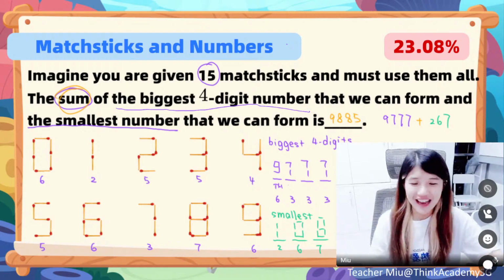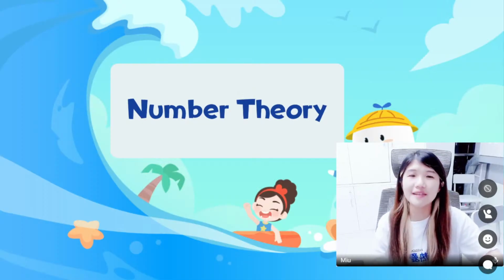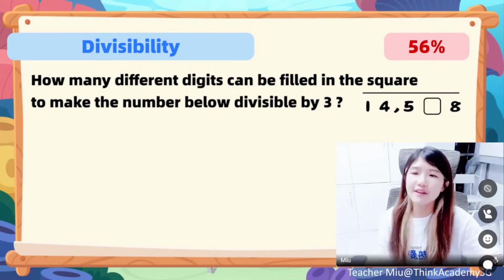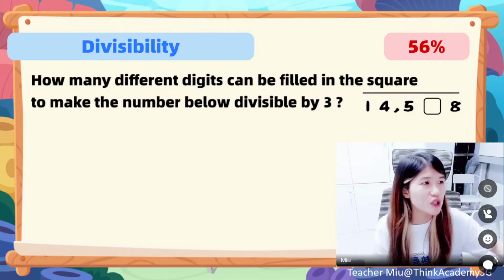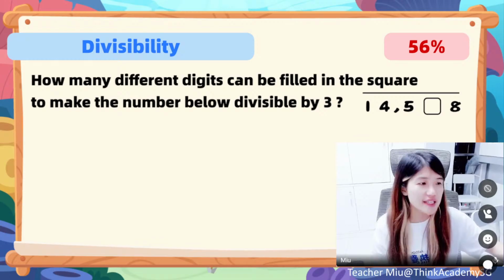All right. When it is done, let's go to the last topic on number theory, conducted by teacher Apple this Tuesday. So first is on how many different digits can be filled in the square that makes the number below divisible by 3.